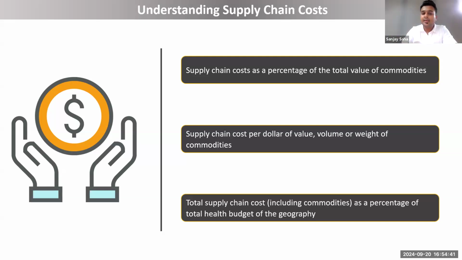Secondly, once you know this as an overall value, then you can also try to calculate the cost per dollar of value or volume or weight, whatever is easier. So per dollar of value means that if you are procuring and delivering $1 worth of medical products, what is the cost of supply chain in all that?